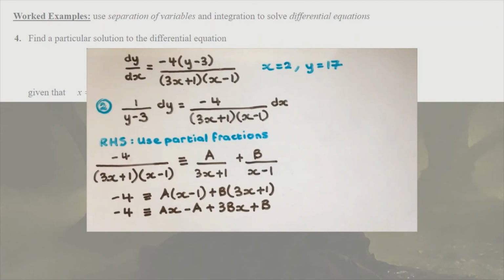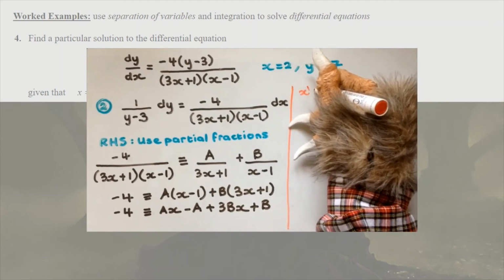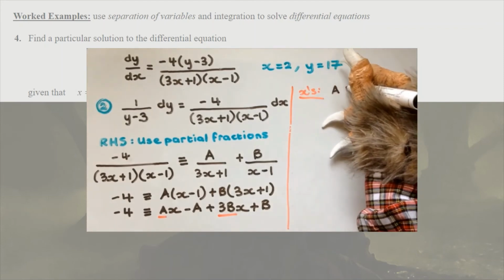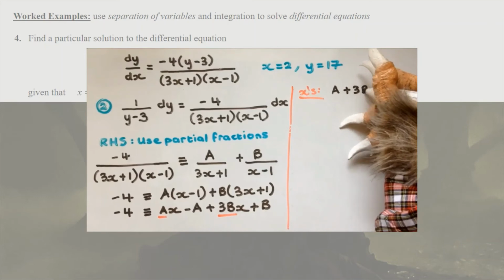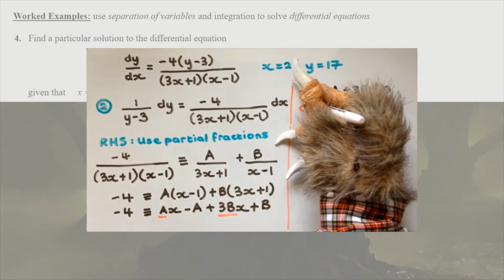So first up, let's look at the x's. I'll just partition my working. So x's, well, what do we have? We've got a lots of x here, 3b lots of x here on the right, and no x on the left. So we know a plus 3b must equal 0. There we go, okay. And we also have constants to look at. So constants, just write that as C's.